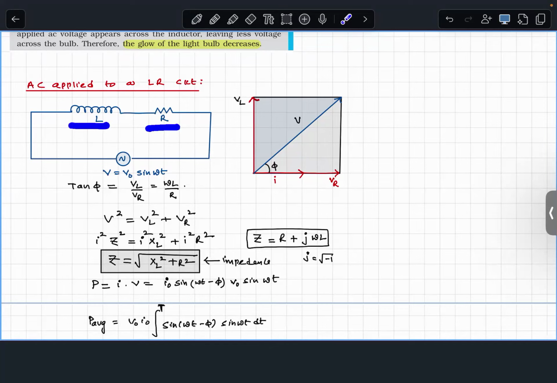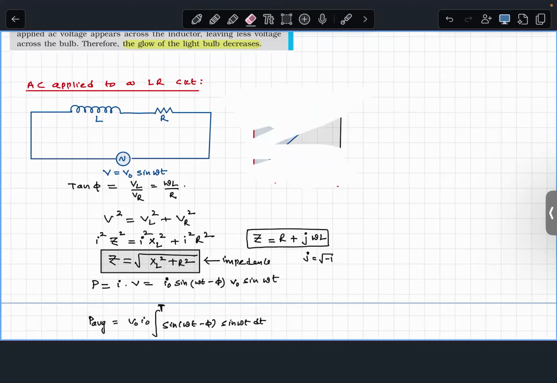Inductor and resistor in series. Please try to understand what is happening here. You are applying V equal to V naught sin omega t, that is the source. Use a phasor in this situation.